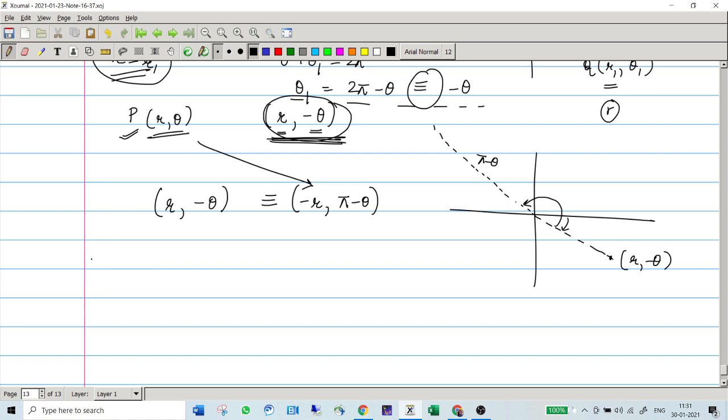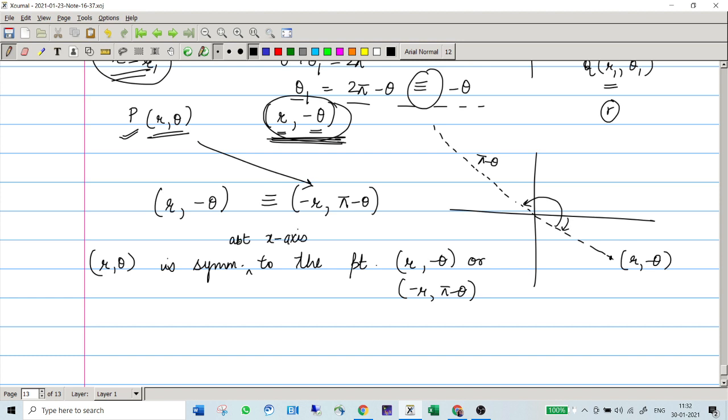So collecting all the stuff together, we have that the point (r, theta) is symmetric to the point (r, minus theta), or you can even say (minus r, pi minus theta), when we are talking about symmetry about the x-axis, right?